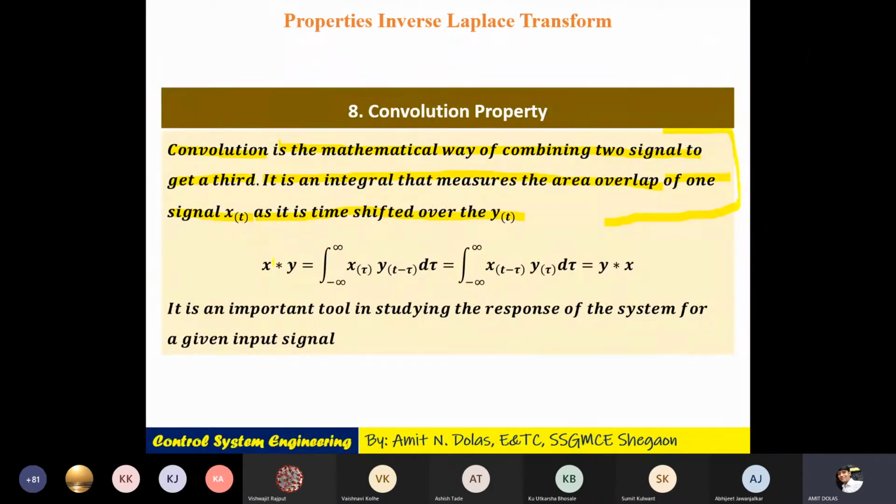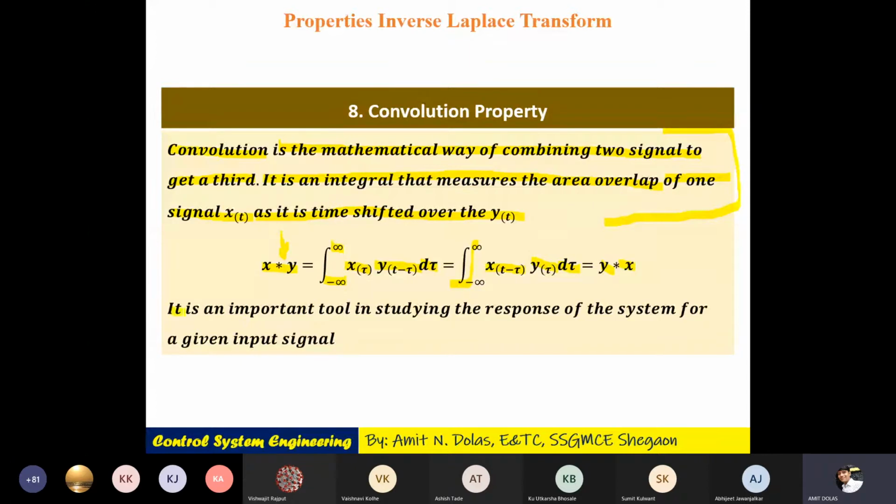So what is the definition of convolution? Mathematically, its symbol is a star. If I write x star y, it is called x convolved by y. It is the integral from minus infinity to infinity of x of tau, y of t minus tau, d tau. Or we may write the integral from minus infinity to infinity of x of t minus tau into y of tau d tau, which will be y convolved with x.